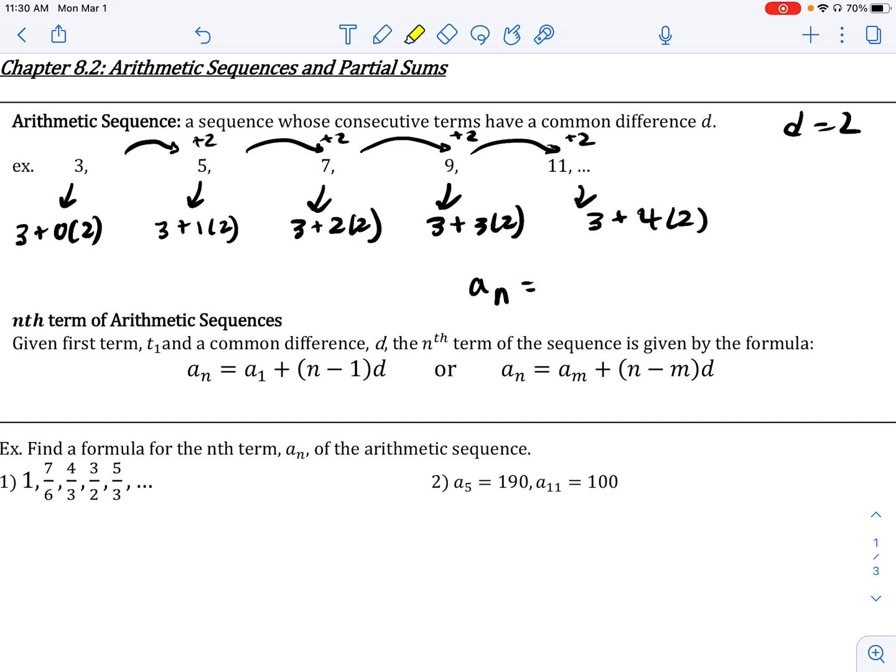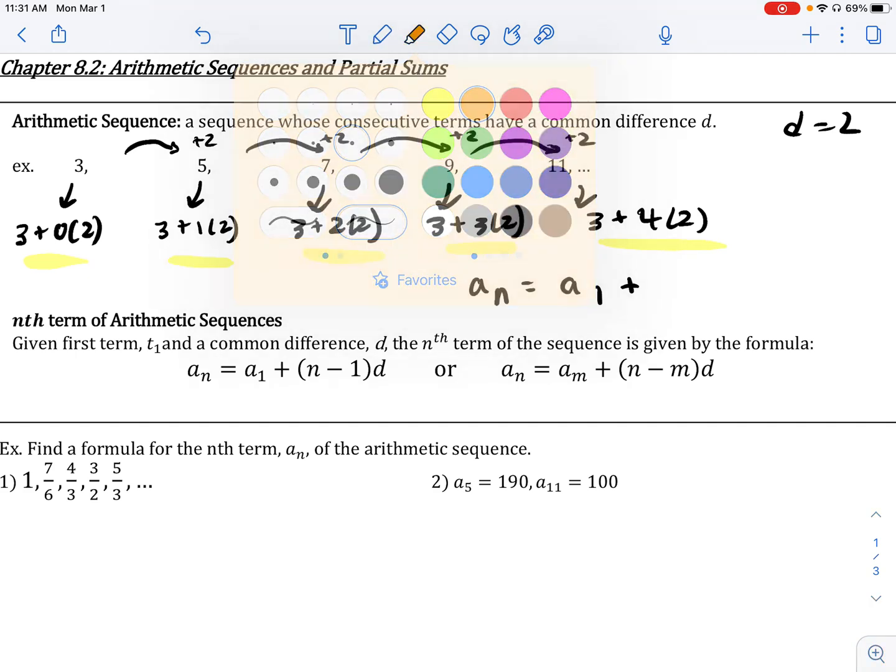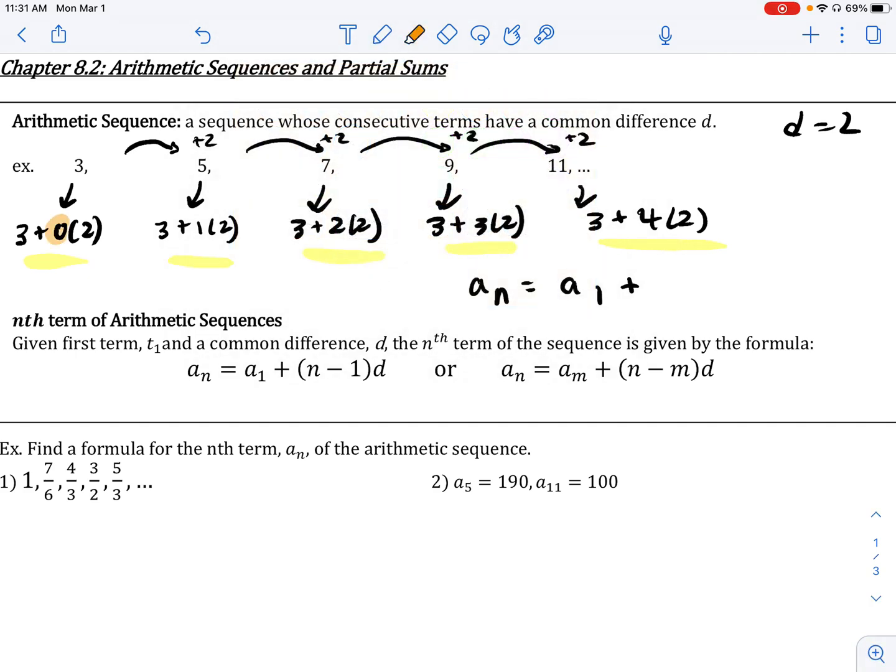And this is why I'm drawing on what I've written out here to give me a sense of what my a sub n is. To find any term in that sequence, what am I really doing? I'm starting out with my first term, a sub 1, and I'm adding to it what? Well, think about what's going on. Let me just highlight these. When n was equal to 1, I added 2 0 times.